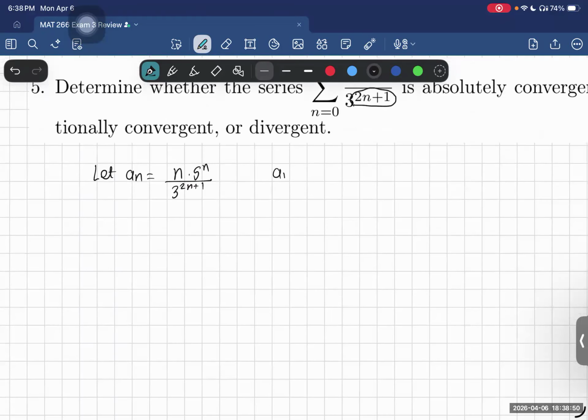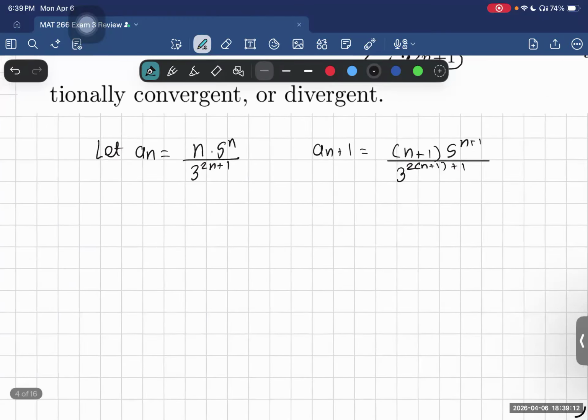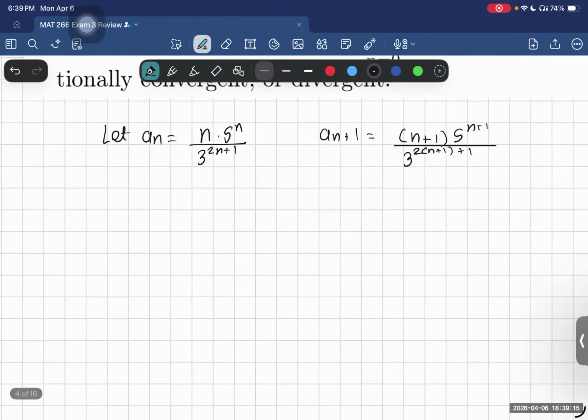So the a_(n+1) term will be n plus 1 times 5 raised to n plus 1, entire thing divided by 3 raised to 2 times (n plus 1) plus 1. So look here, it's in brackets, 2 times n plus 1, right? Plus 1. Okay, so now we'll compute the ratio of these two terms, a_(n+1) divided by a_n. All right, so let's see what we get.